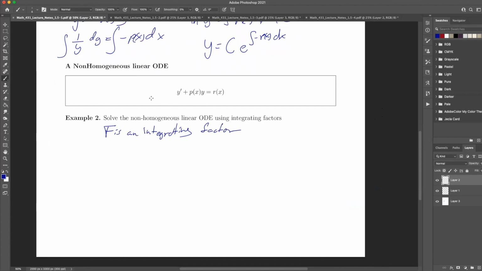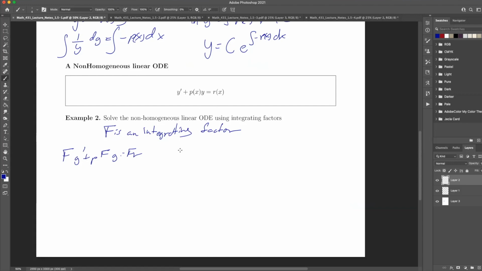So f is an integrating factor, which makes this exact. Here I'm just going to multiply it across: f times y prime plus p f y equals f times r. Let's see if I can do this without getting everyone confused.